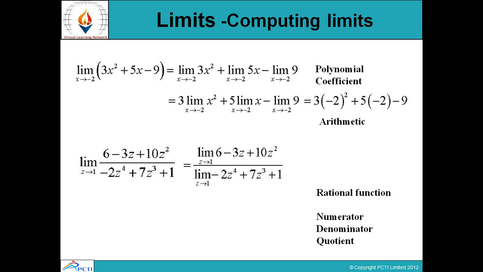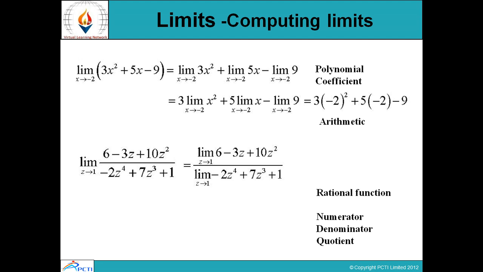Limit as z tends to 1 of 6 minus 3z plus 10z square divided by minus 2z to the power 4 plus 7z cube plus 1 equals limit as z tends to 1 of 6 minus 3z plus 10z square divided by limit as z tends to 1 of minus 2z to the power 4 plus 7z cube plus 1.